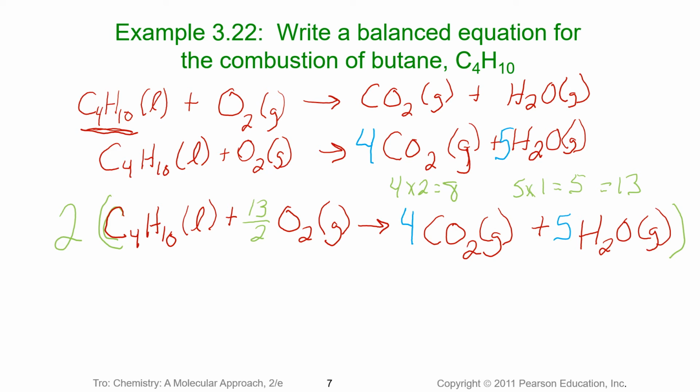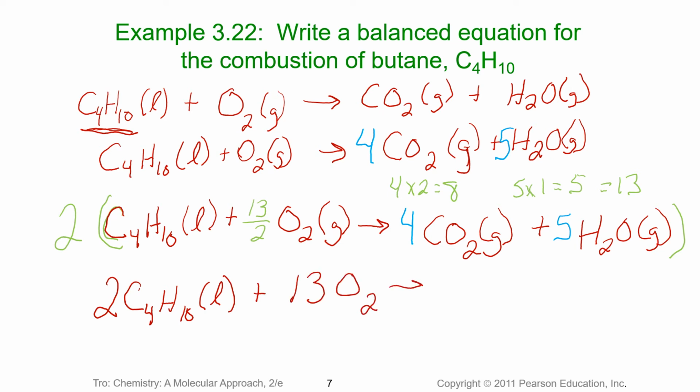So our new chemical reaction, or our balanced chemical reaction, is going to be 2 of our butane plus 13 oxygen gives us 8 carbon dioxide and 10 water.